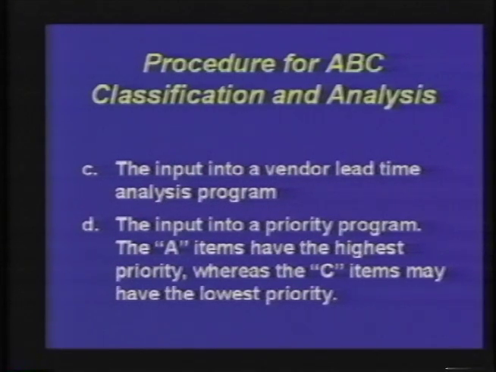D is the input into a priority program in processing purchase receipts and filling, let's say, maintenance work orders, where A items, we'd like to get those into the storeroom program as quickly as possible, and then if there are planned maintenance work orders, we want to apply those immediately and get those out into the equipment so we can get high turnover for the A's, likewise the B's, and subsequently the C's.